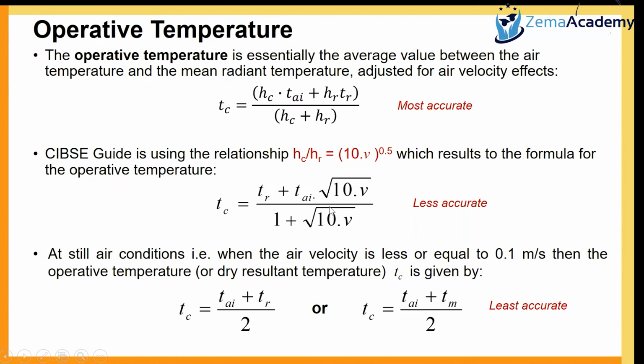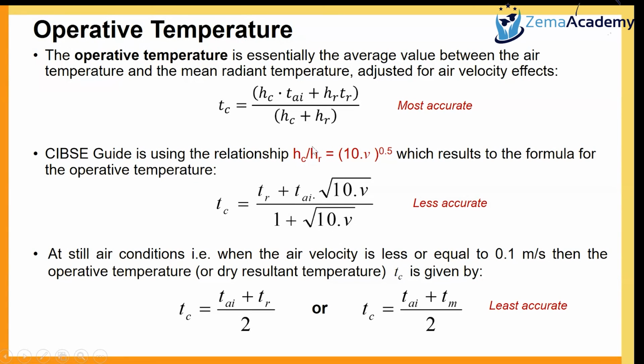This equation is slightly less accurate than the top one, and the reason is the measurement of the velocity of air. Because we are using this standard relation, we are also bringing in uncertainty: how we are going to measure this velocity, and will this velocity be affected by the location within the space?